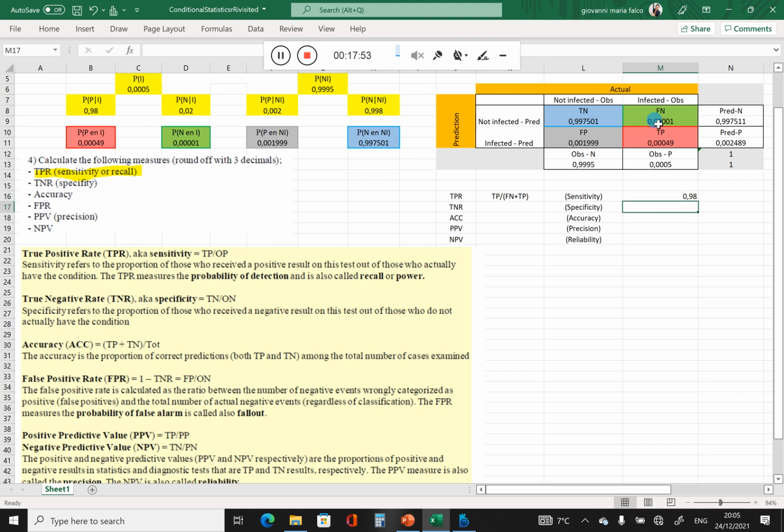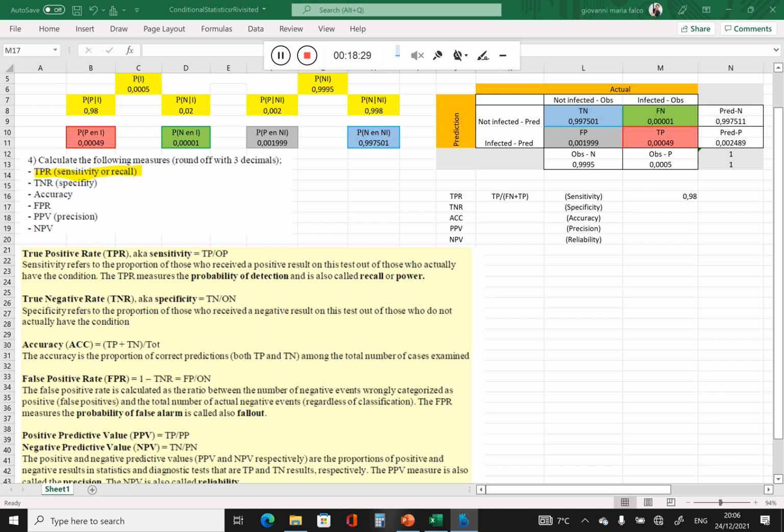And you see I get here a value of 98%. Okay, so what is this sensitivity? You see there is the definition here. Basically it is, and that's the reason why it is also called the power, the probability of detection. And basically it tells me how good the test is in spotting somebody who is actually infected.